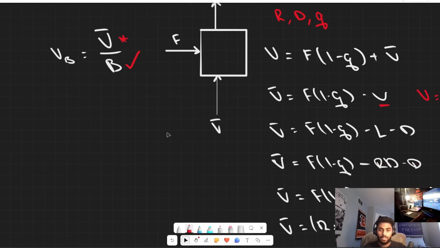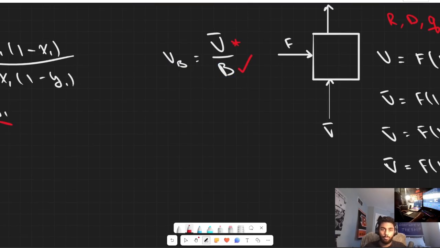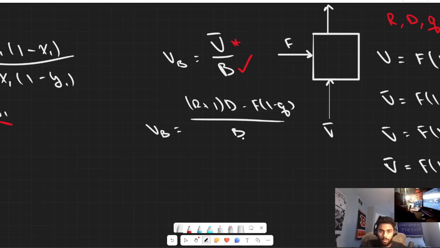Last thing to do is to put this equation we've just derived into our boil-up ratio. So now our boil-up ratio is equal to R plus 1 times D minus feed 1 minus Q over our bottom's flow rate.